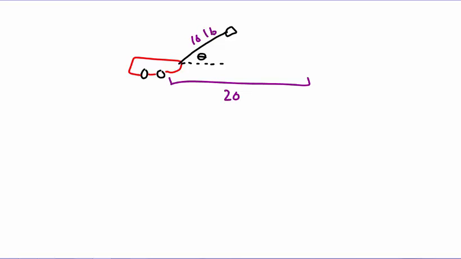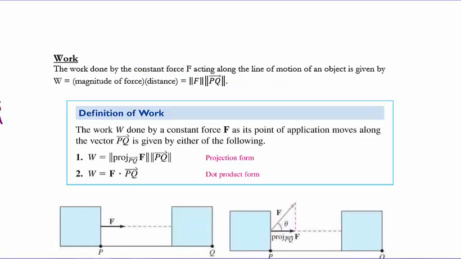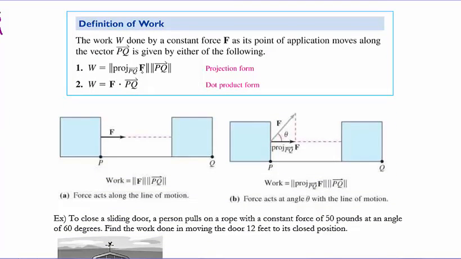Well, what I really need for the force vector is this vector right here. That's the projection of the handle on the distance. So work is really the magnitude of the projection times the distance.